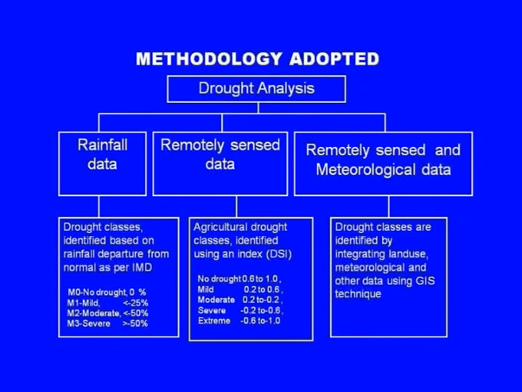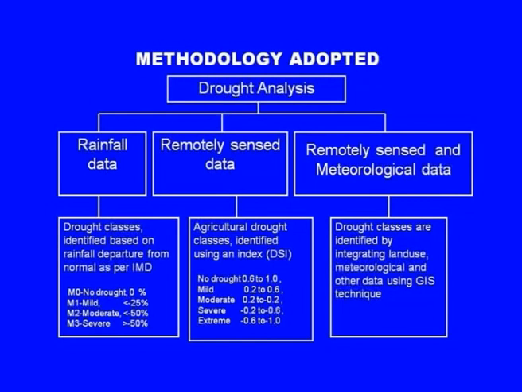If it varies from 0.2 to 0.6, then it is mild. If it is varying from 0.2 to minus 0.2, then the drought condition is moderate. Between minus 0.2 to minus 0.6, it is severe drought condition, and if the value is between minus 0.6 to minus 1, then it is extreme drought conditions.